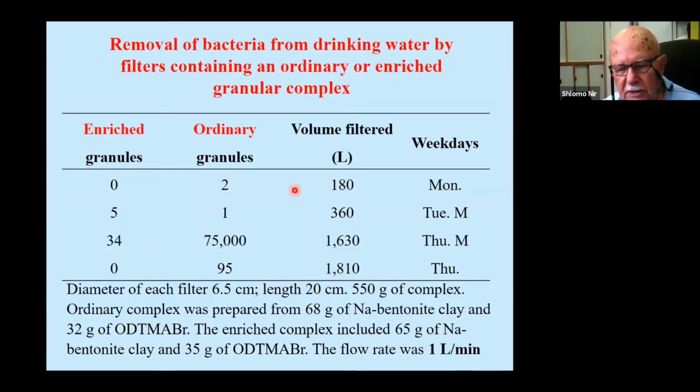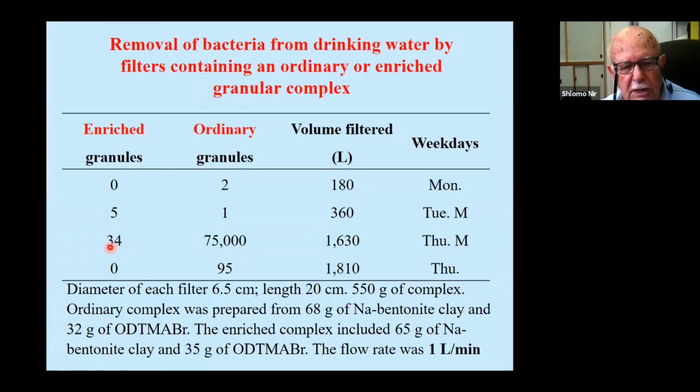So most of the time the filter was not operative. In the morning, we spilled half a liter and then measured the sample of the bacteria. For the first 2 days, we obtained very good results. But after, on Thursday, not of this week, but a week and a half later, so we had many more results in between. This is a typical result at the end.